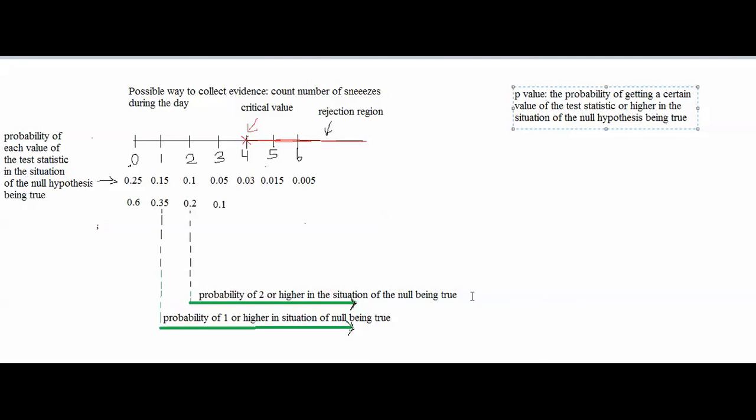So every possible value of the test statistic, meaning every possible number of sneezes, has its own p-value. You can see right now that the p-value of 1 is 0.35, the p-value of 2 is 0.2, and the p-value of 3 is 0.1. And each p-value is the probability of getting that value of the test statistic or a higher value in the situation of the null being true.